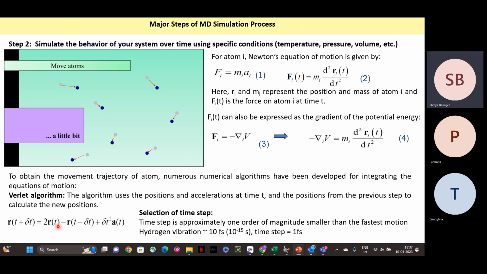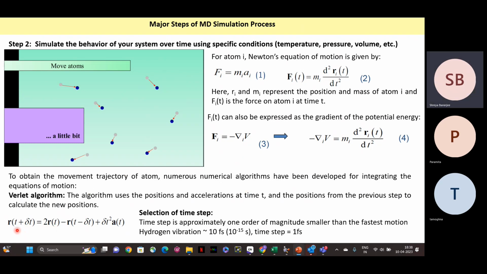Suppose we know the position at time t, then this is the equation that is followed: the position at time t plus delta t will be twice the position at time t, minus the position at time t minus delta t, plus delta t squared into the acceleration at time t. Using this formula, the positions at different times which have a time gap of delta t can be obtained. And if we connect all the positions, then we'll get a trajectory of the atom.